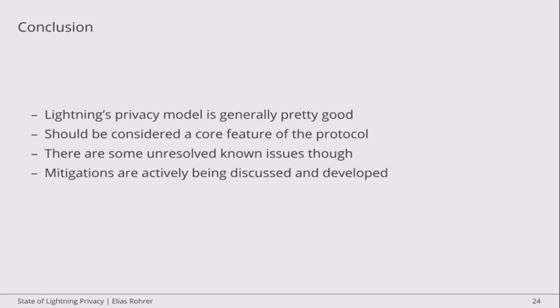There are some unresolved known issues though, and unfortunately in my eyes the most severe known issue is the most plausible also, so we should look into how to mitigate that. Of course, there's an ongoing discussion, as it's always a trade-off with UX and with overhead and stuff like that, so we should keep that in mind. But to conclude, mitigations are actively being discussed and developed, and there's ongoing research on it. Thank you.